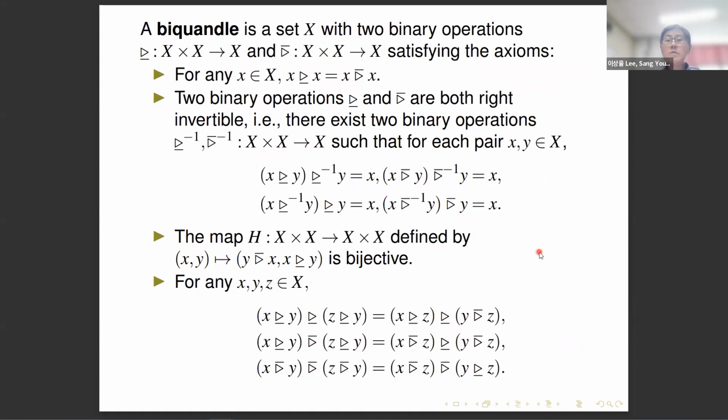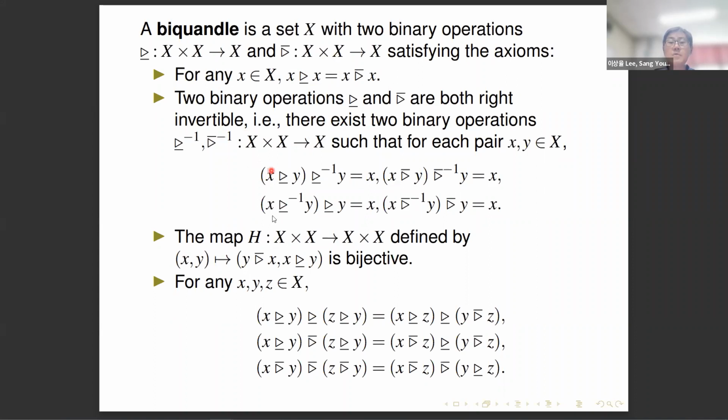The biquandle is another algebraic structure, which is a set with two binary operations satisfying these conditions. For any X it satisfies this equation, and the two binary operations are both right invertible.